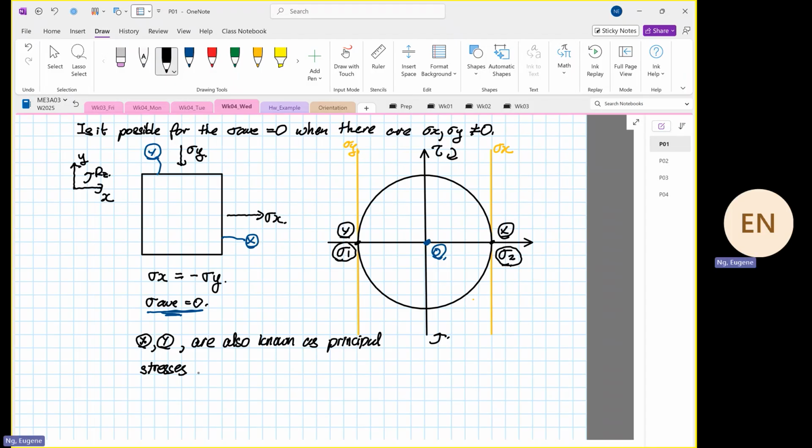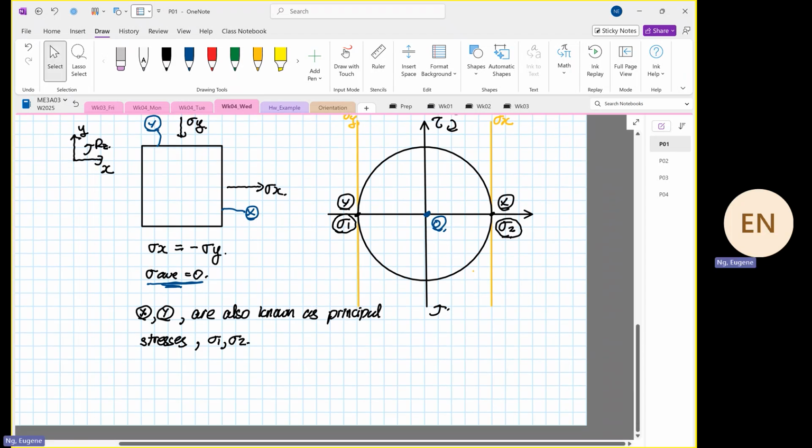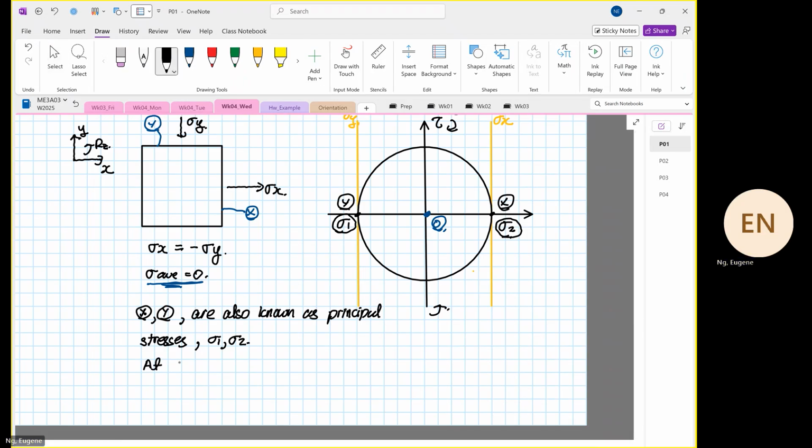Okay, so your principal stresses are your stress 1 and your what? Stress 2. So if we look at the principal stresses, what is unique is at the principal stresses, which is your stress 1 and 2, the shear stress is equal to what? It's equal to 0. Okay, the shear stress is equal to what? 0.